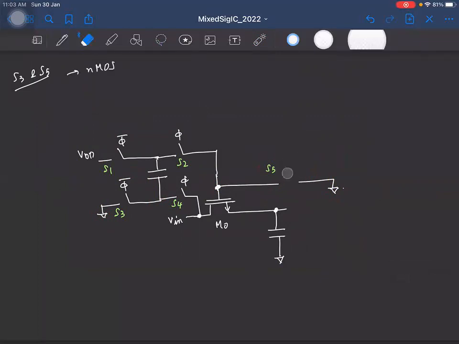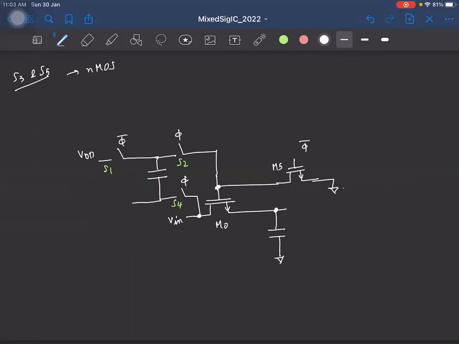So I'll replace the switch by an NMOS switch. And this needs to be clocked at phi bar. I'll just call this M5. Similarly, this switch S3 can also be implemented using an NMOS switch. It will be grounded, and this will also be clocked by phi bar. And let's say I call it M3.